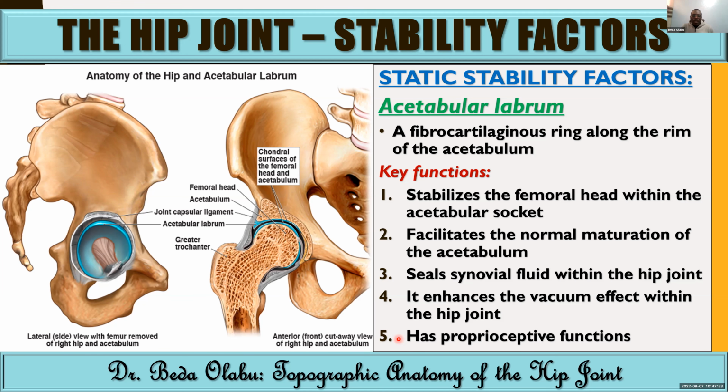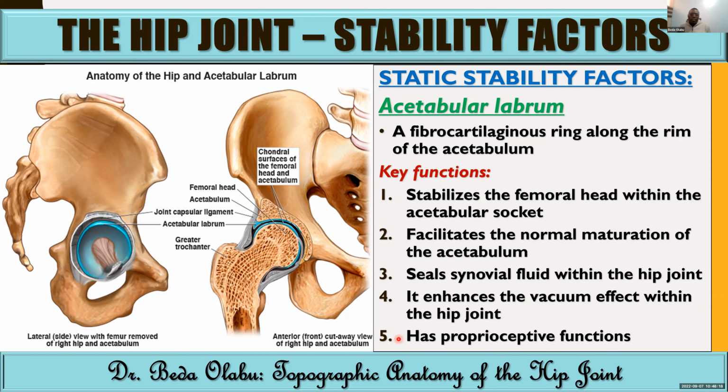You can move your thigh backwards and forwards, and you know where your thigh is without opening your eyes, because you are aware of that position. So a number of things are innervated with the receptors for proprioception to give information regarding joint position.